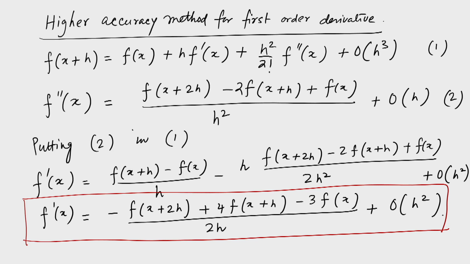Instead of using the forward difference or the backward difference or the finite difference, using a 3-point formula, we can also use this definition of the second derivative and put it into this formula to compute the first derivative. Let us see how it is any better than what we know.